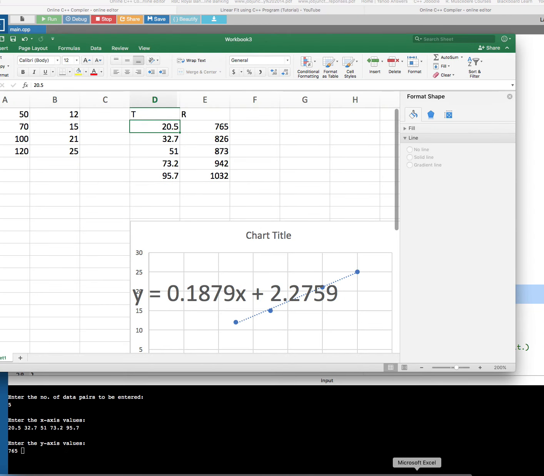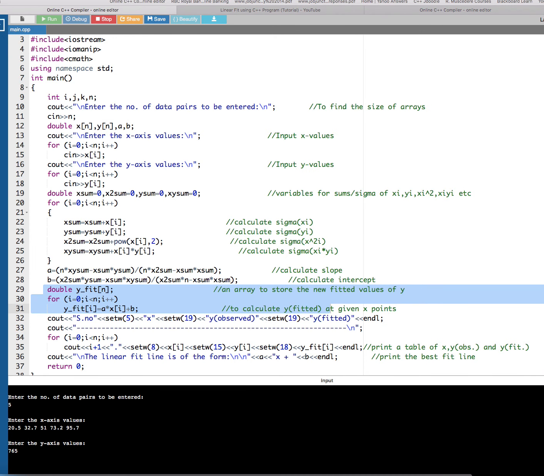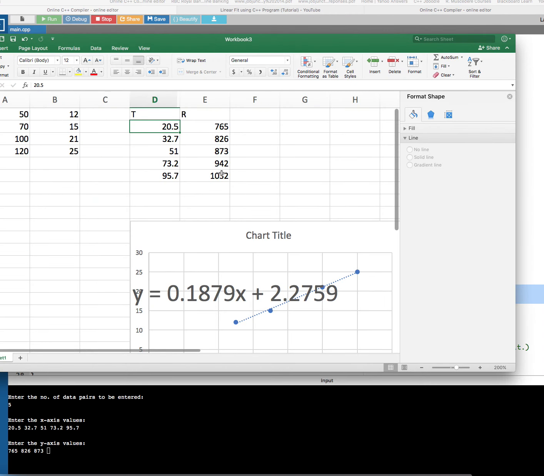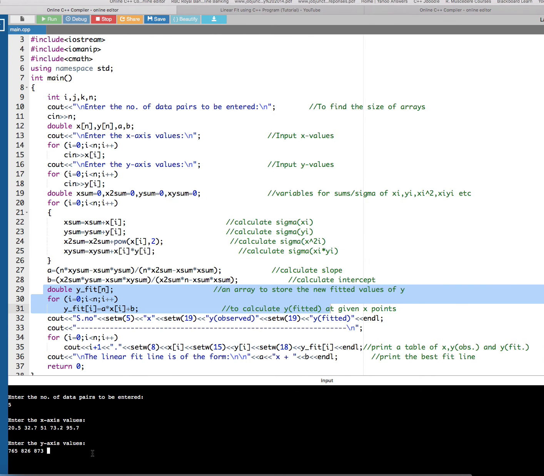After that we have 942, 1032, and let's enter. And here we have the equation that best fit for this one.